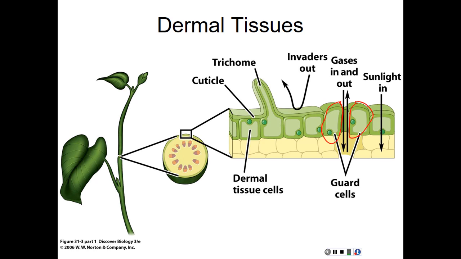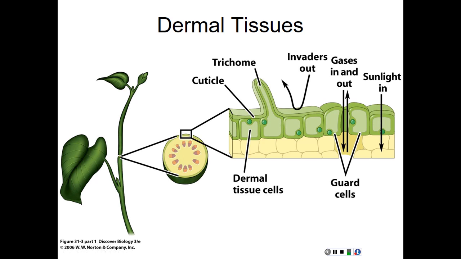This hole here is called the stoma, and the whole structure is called the stomata. And these guard cells can expand or shrink to either close or open this pore, thus allowing gas in or out, or keeping gas from going in and out.